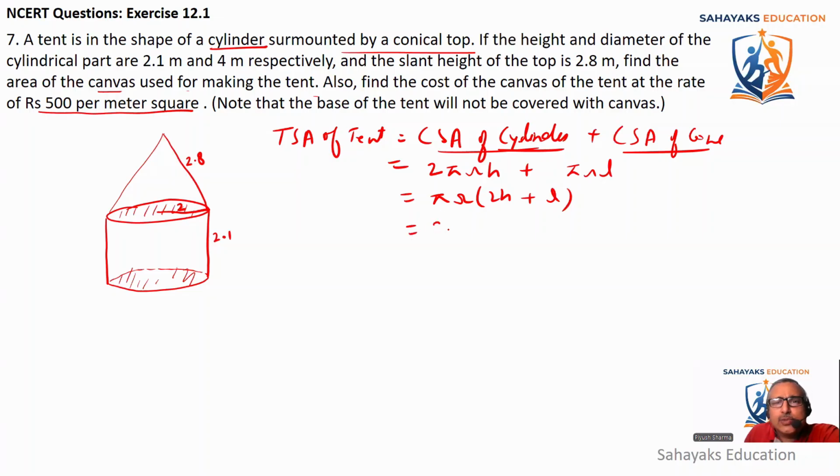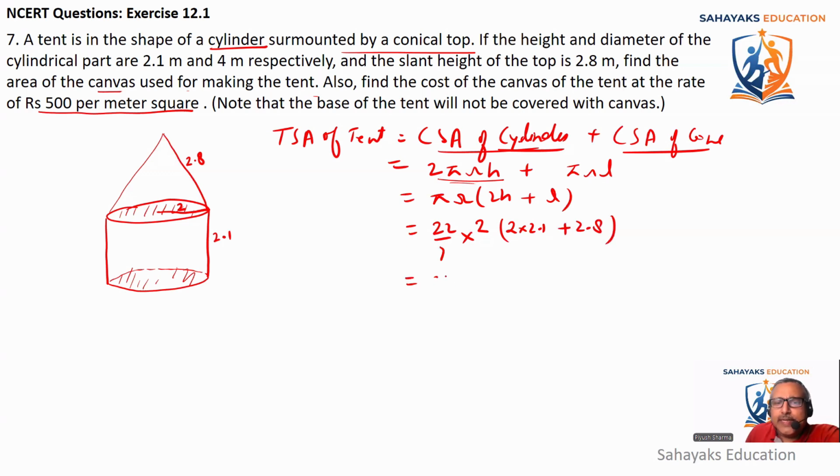Pi, we'll take it as 22 by 7. Radius is coming out to be 2. Then 2 times height. So this is the height of the cylinder. So 2 times height is 2 into 2.1, so 2 into 2.1 plus L. L is 2.8.